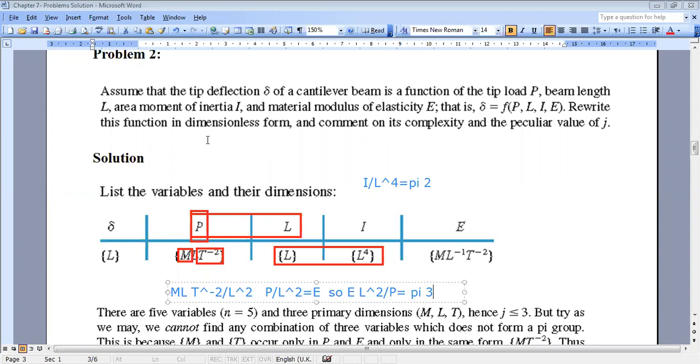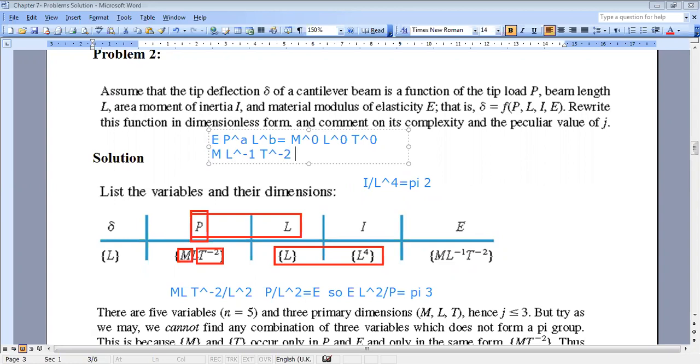You write the following: E to the power E times P to the power A times L to the power B is equal to M0 L0 and T0. Okay. So now you replace by the dimensions. For E you have M, L minus 1 times T minus 2.